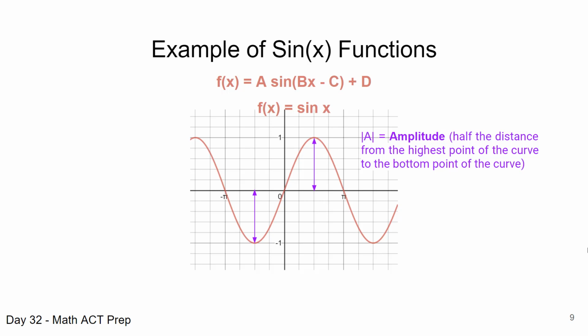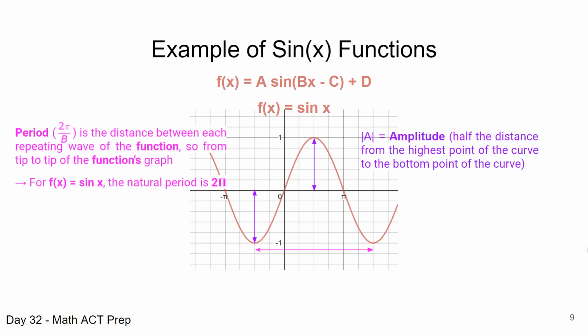With our normal f of x equals sine x, where we have our midline at the point 0, 0, we're going to go up to 1 for our maximum and down to negative 1 for our minimum. So in this case for sine x, our amplitude is 1. That's the understood 1 in front of the sine x. That's our amplitude.